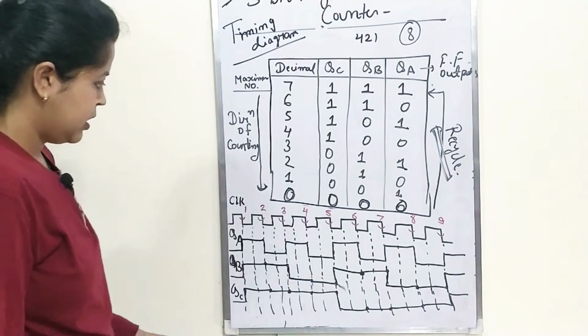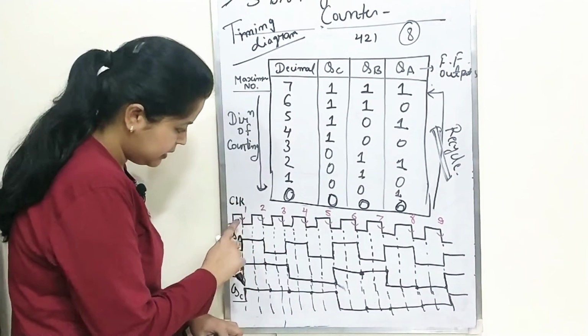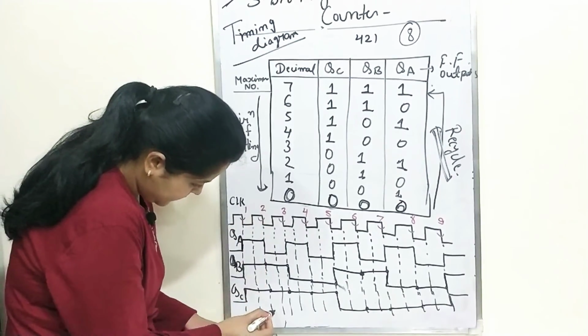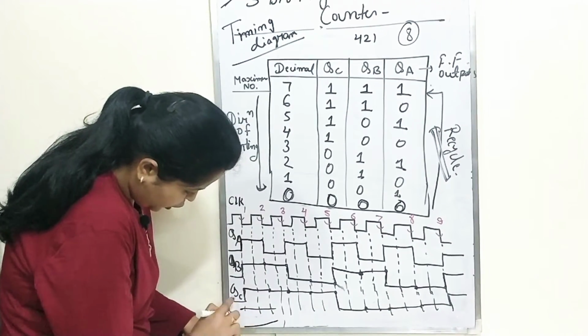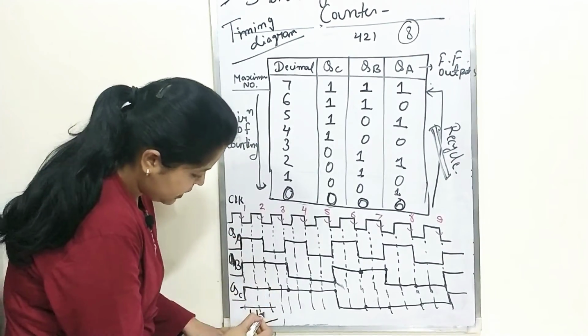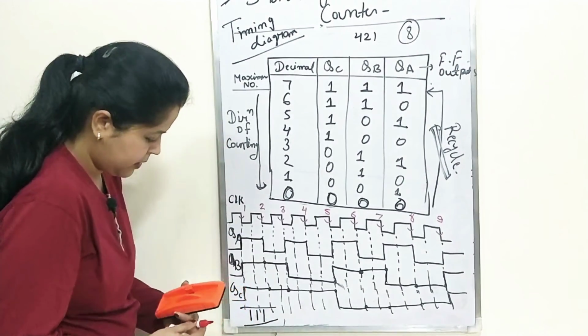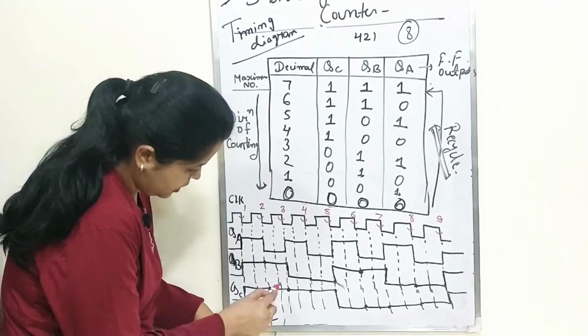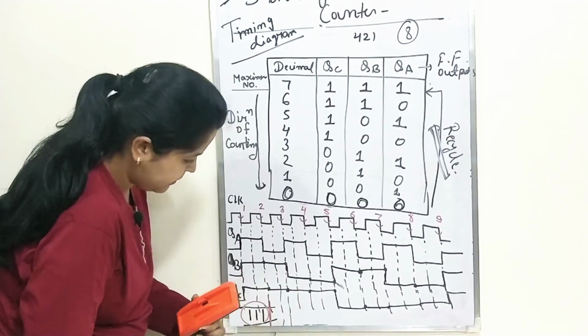Now see, for the first clock, that is from here to here, QC is 1, QB is also 1 and QA is also 1. Now what about the next clock?